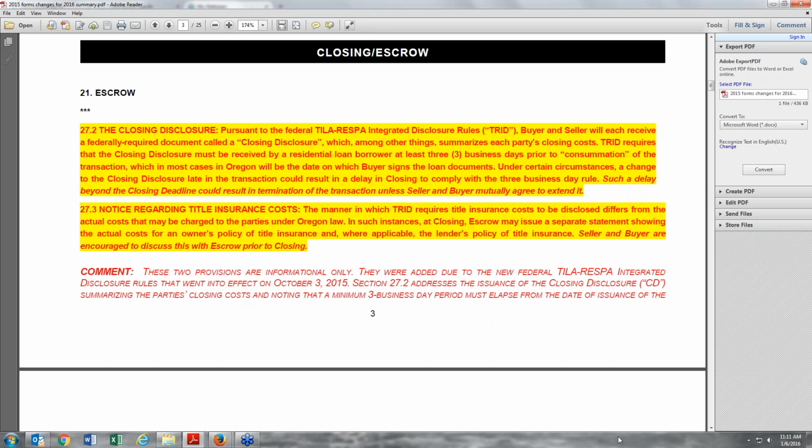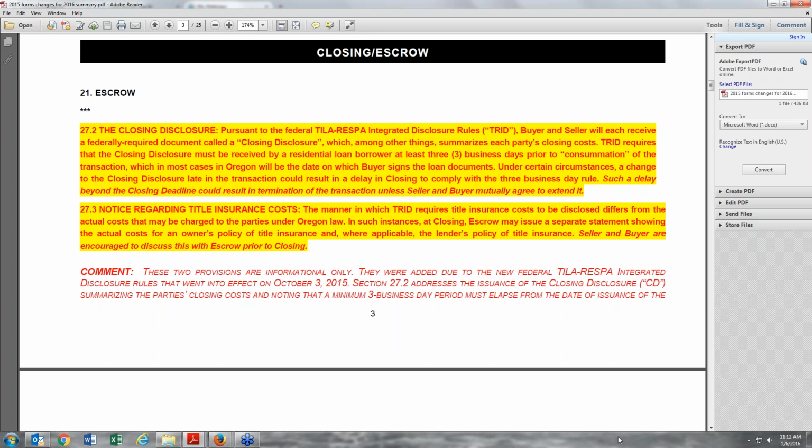So if you looked at the loan estimate as to what the cost of the title insurance and a lender's policy was, and then compared that to the actual closing disclosure statement, those figures would not jive. And that's a result of TRID again.